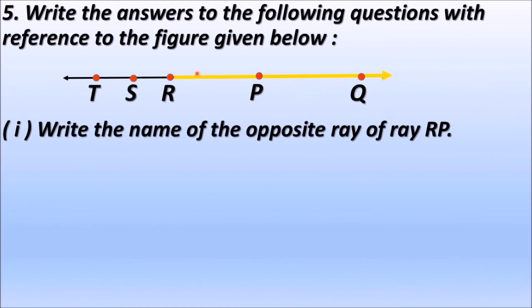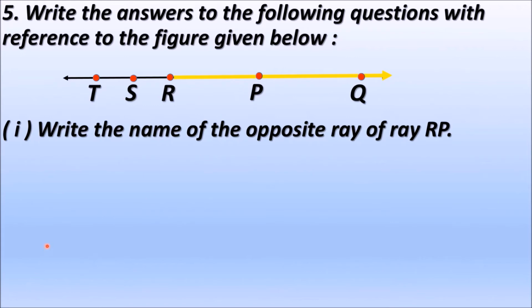Here point R is the origin of ray RP, or you can say it is ray RQ. These two, ray RP and ray RQ, are two different names of the same ray.